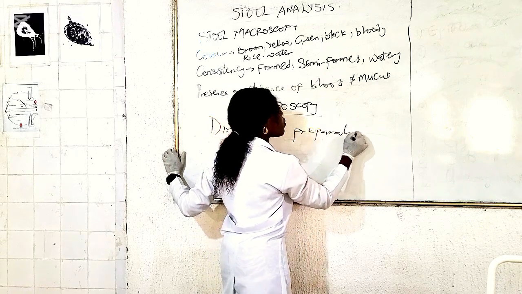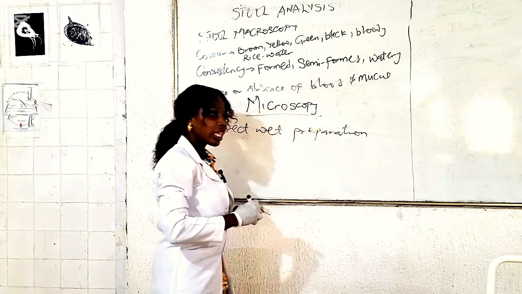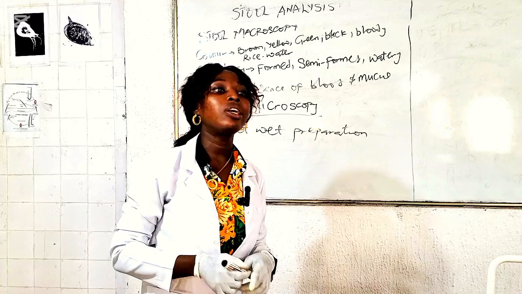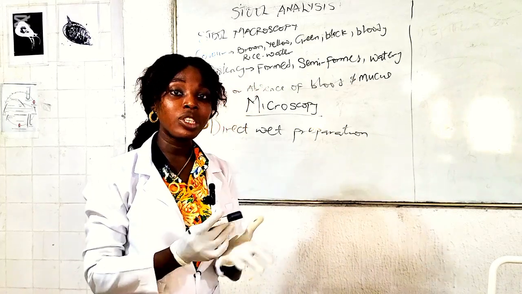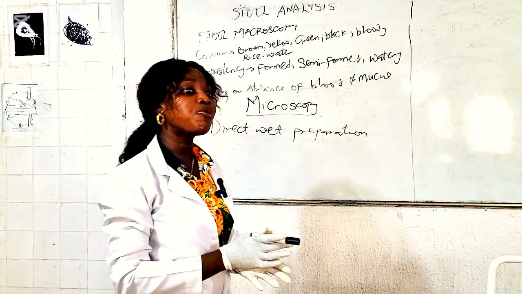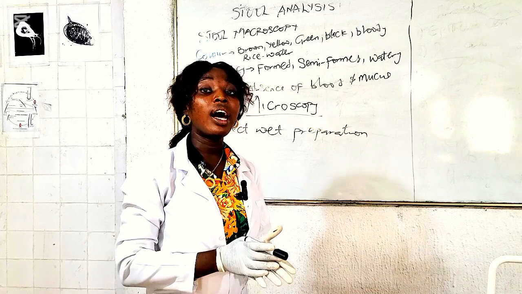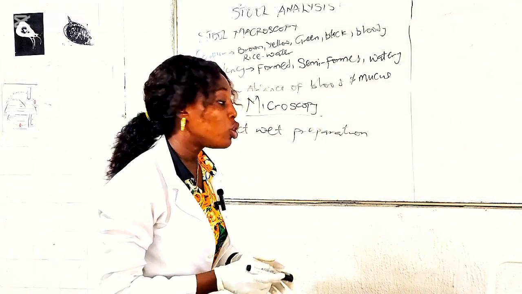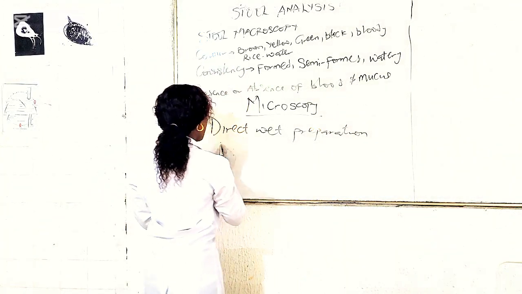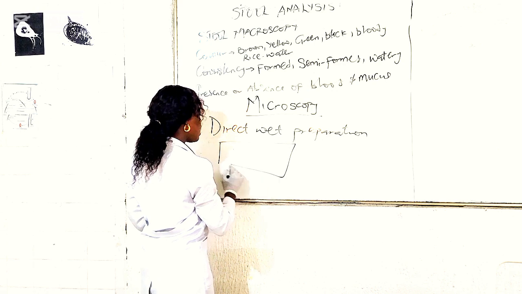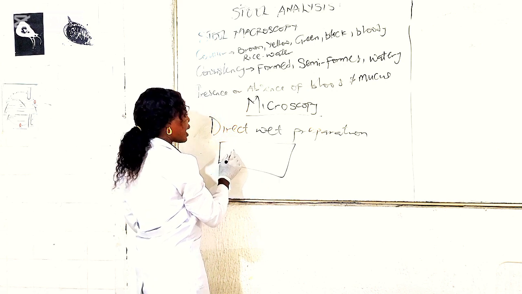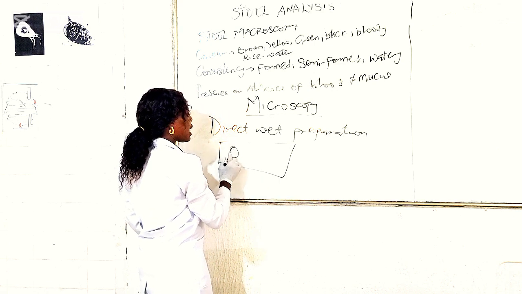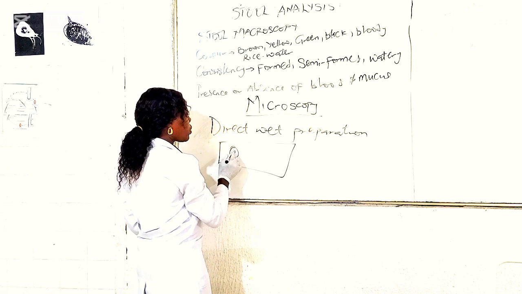In the direct wet preparation, we use a clean grease-free slide to emulsify an aliquot of stool sample using normal saline. Assuming this is your slide, to one end of the slide, you place a drop of normal saline and then an aliquot of stool sample.